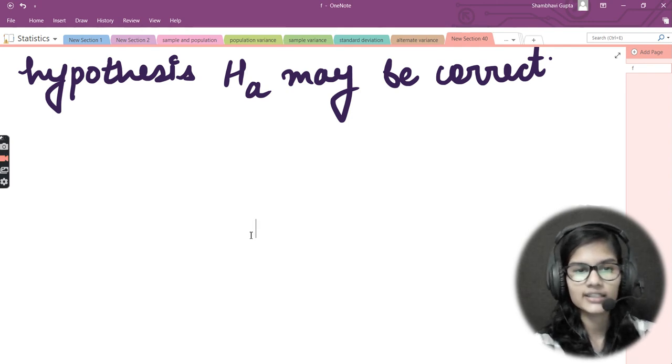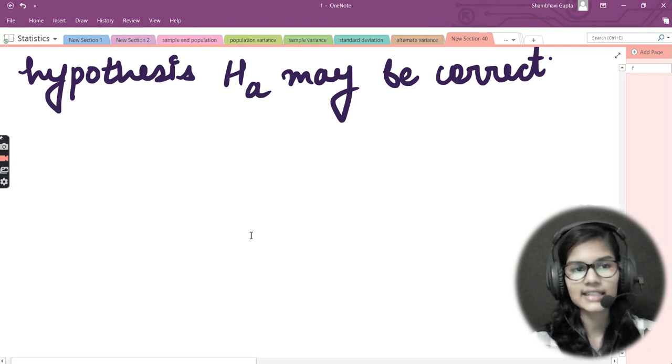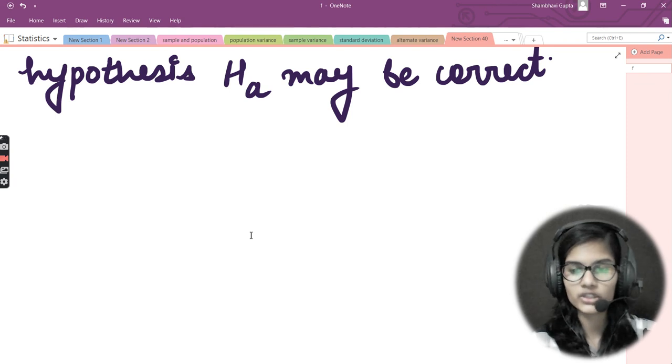It simply means that the sample data has failed to provide sufficient evidence to cast serious doubt about the truthfulness of H naught. It's not the case that if you do not reject H naught, then H naught is true.